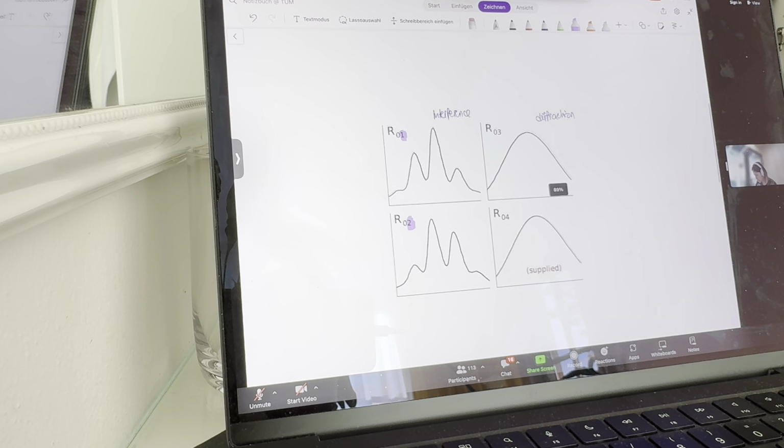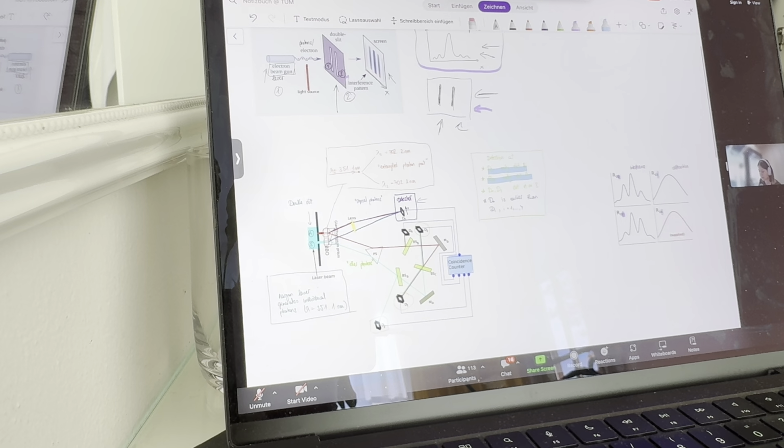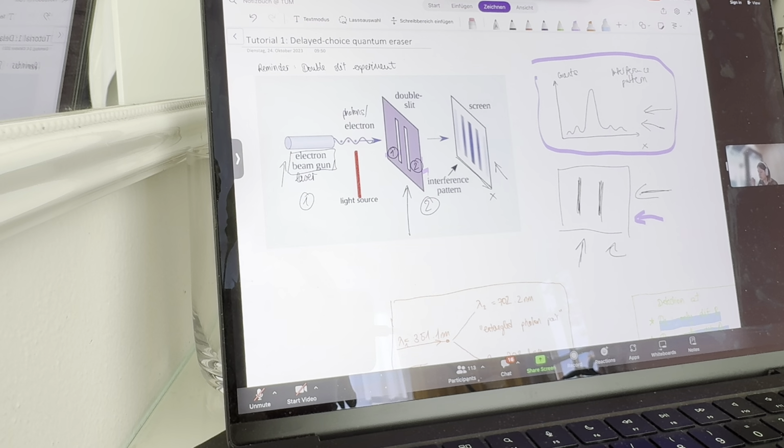And in the other case, if we have detector 3 or detector 4 detecting the idler photon, then we only have a diffraction pattern, and this corresponds to the case when we basically know that the idler photon either took slit A or slit B. So this is just the same again as here in the double slit experiment, where we destroy the interference pattern and therefore the wave behavior by detecting which slit the photon took.